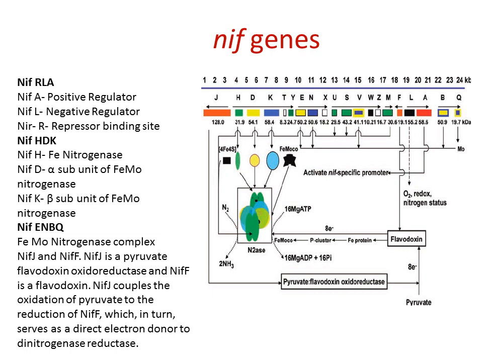This negative regulator, that is the NIF L gene, becomes activated when the concentration of oxygen inside the cell increases, or if the ammonium production increases, which may also be toxic to the cell. At that particular moment, this NIF L becomes activated and codes for a protein called repressor protein.